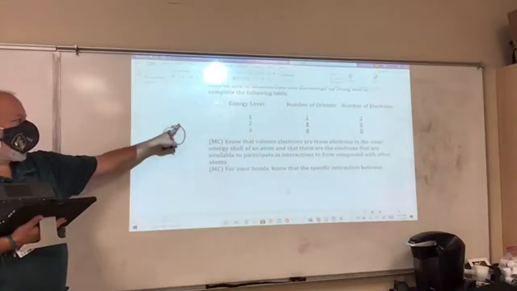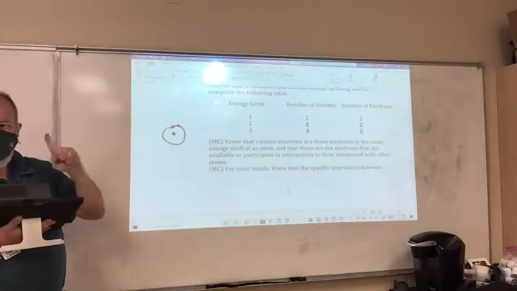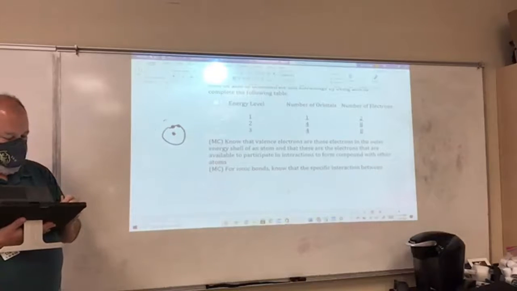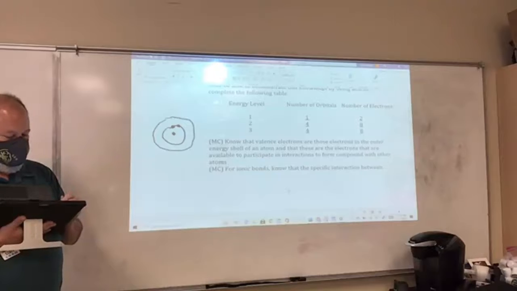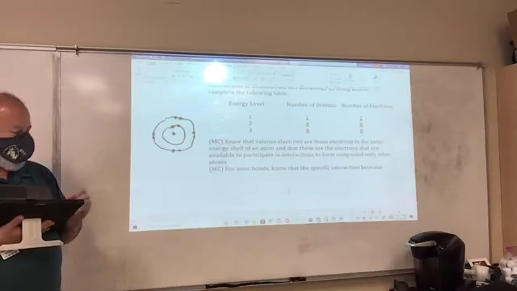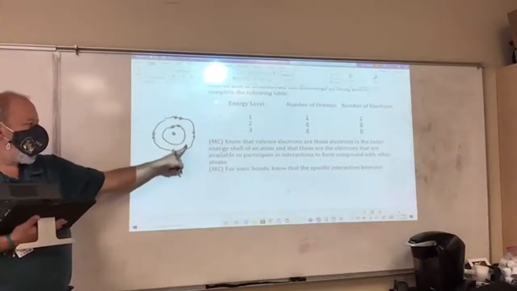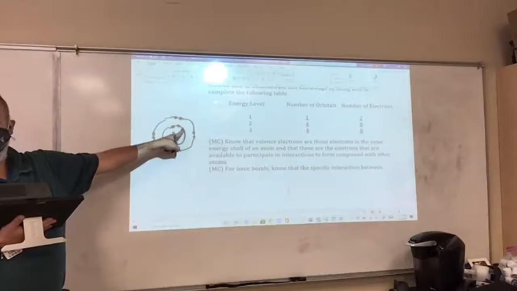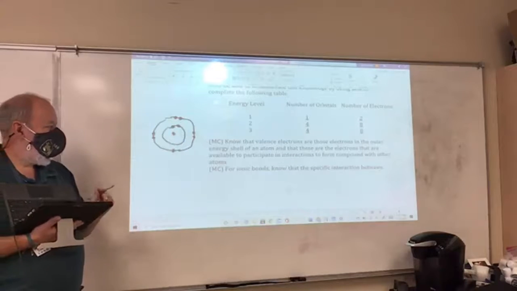This first energy level holds 1 orbital, and that holds 2 electrons. This next energy level holds 4 different orbitals, and they're called energy levels because the electrons in this energy level have higher amounts of energy than the electrons in this energy level. I understand. Okay? Good.